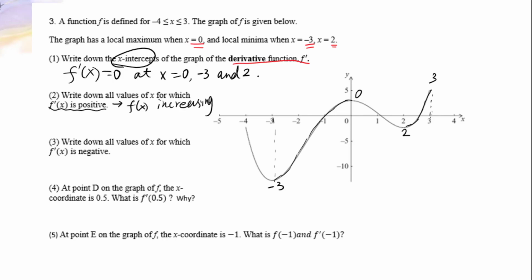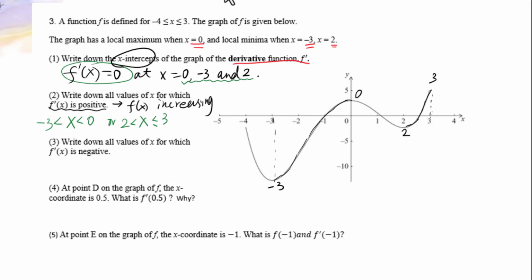So we write down the interval x greater than -3, less than 0, or x greater than 2, less than or equal to 3. No equal sign for -3, 0, or 2, because at x equals 0, -3, and 2, f prime of x equals 0.